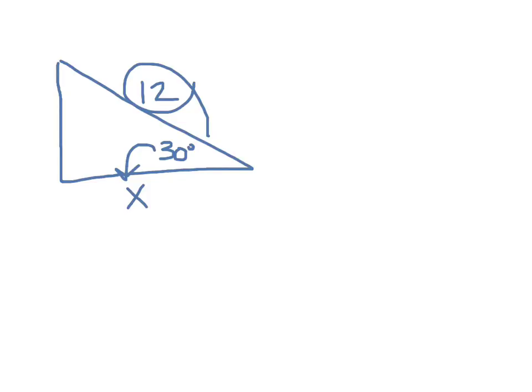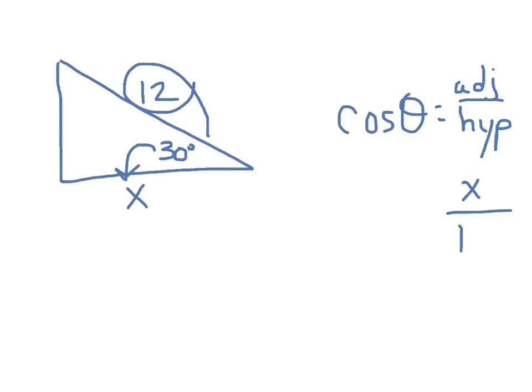Cosine. The cosine is equal to adjacent over hypotenuse. So, for this particular thing, the adjacent side was x, and the hypotenuse was 12.